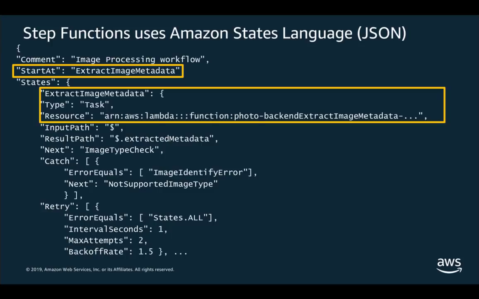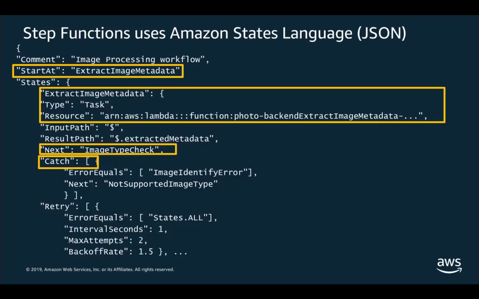And we can see that this state actually is a task, so we're going to run compute here, and this compute operation will be performed by a Lambda function. Okay, so we have a Lambda function that will get automatically invoked when that state machine starts. And we can see that if this function has executed, then the next step is to run another function, probably called image type check, and that's how you define the transitions from one step to the next.